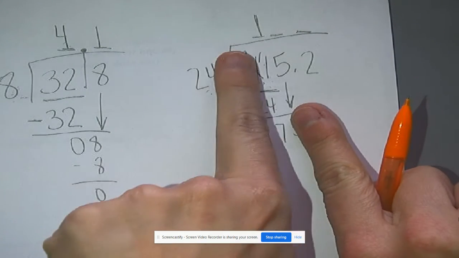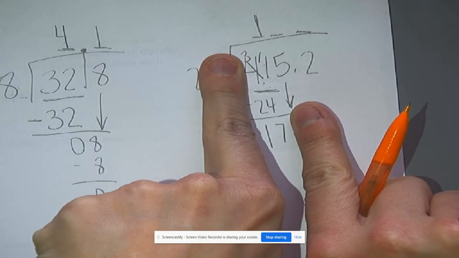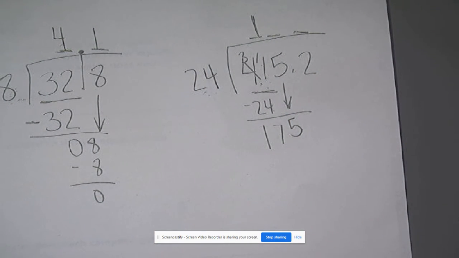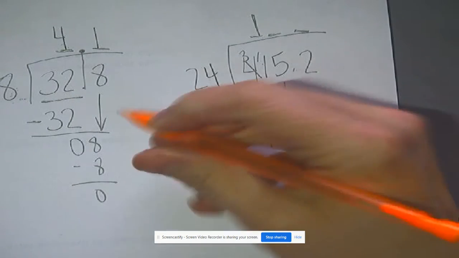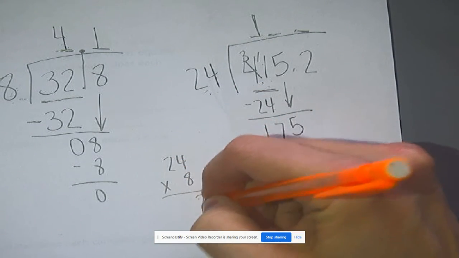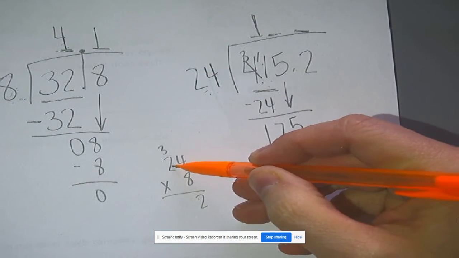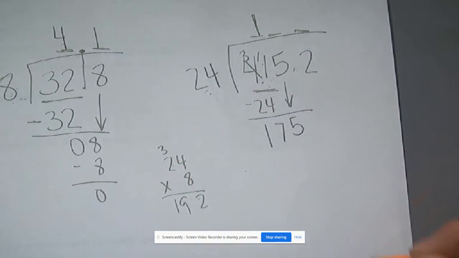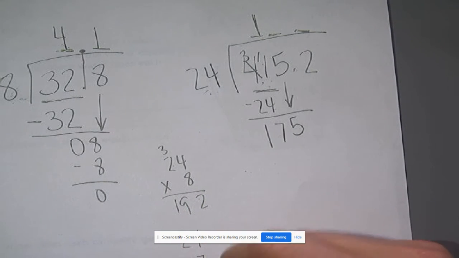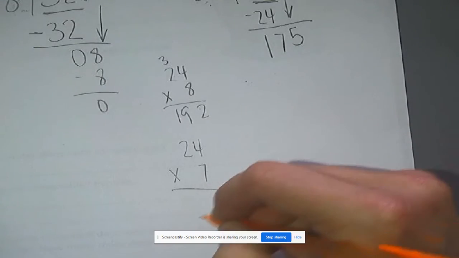Okay, again, 17 divided by 2-ish is about 8. So I can guess 8, but I'm thinking that's going to be too high. So 8 times 4 is 32. Carry the 3. 8 times 2 is 16. Yep, I was right. Too big. Let's try 7. 24 times 7. 7 times 4 is 28.